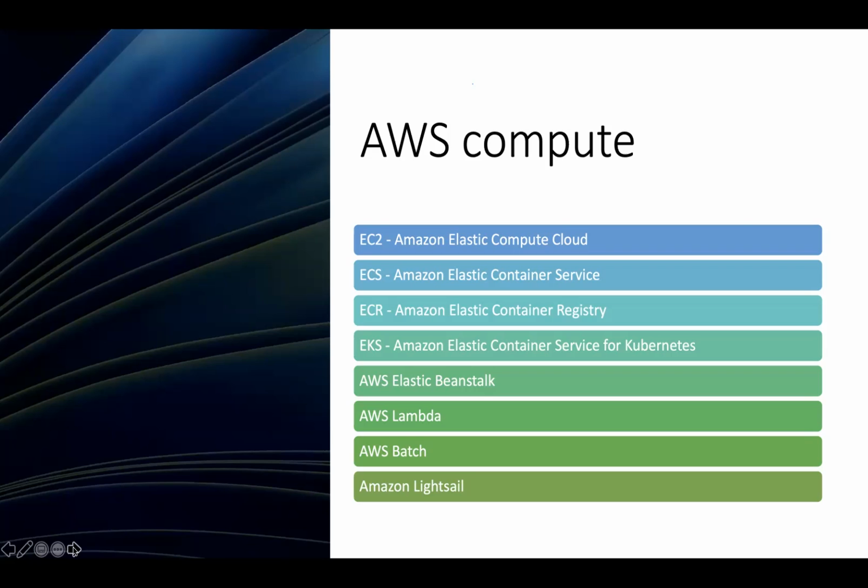And the fourth, Amazon Elastic Container Service for Kubernetes, and AWS Elastic Beanstalk, AWS Lambda, AWS Batch, and Amazon Lightsail.